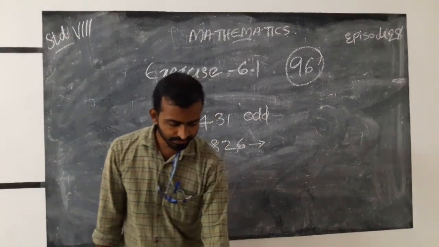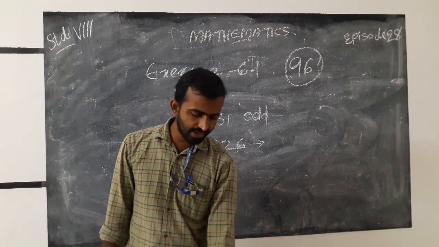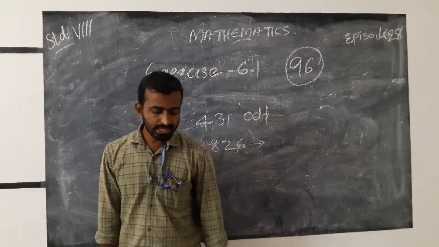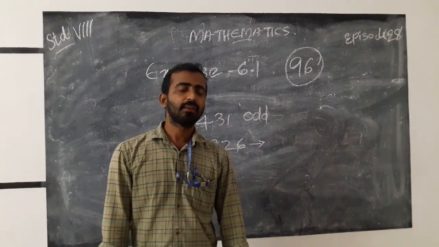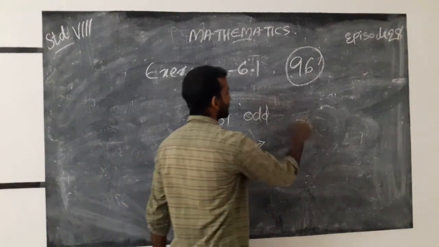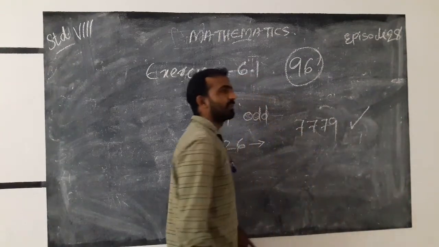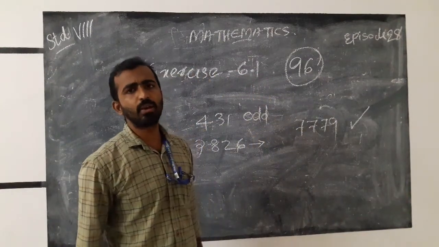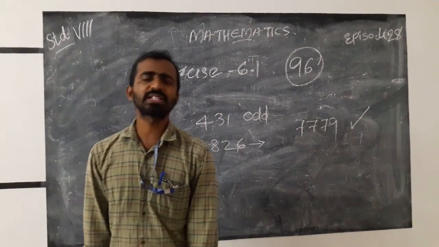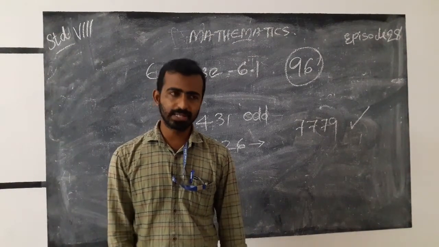And the next one is 7,779. When we take the square of this number, it would be an odd number. And the fourth one is for your homework. Write your homework in your notebook and send it to me.